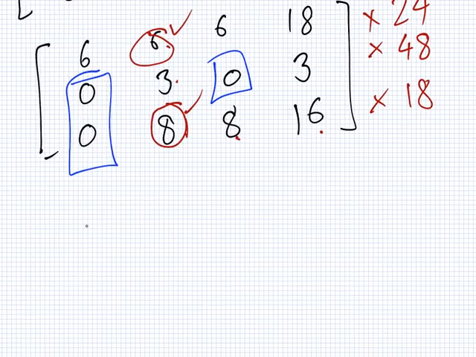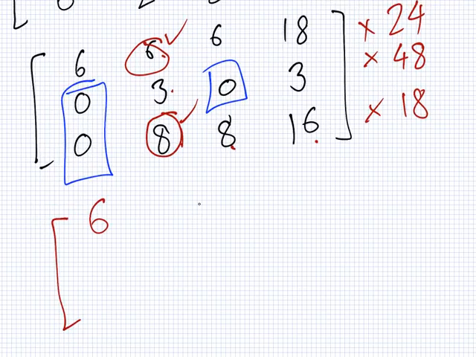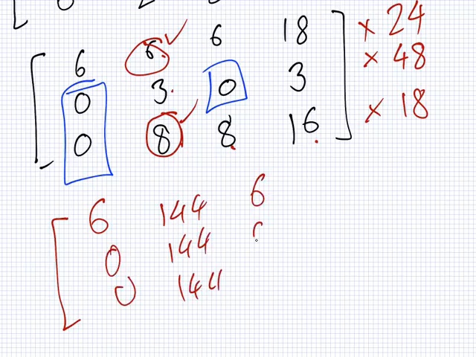If you have a calculator, maybe we'll just finish with this. 6 times 24, what is it? I know that these will all be 144 if I did that right in my head. This is 144, this is 144.